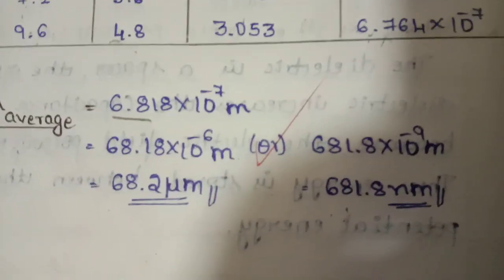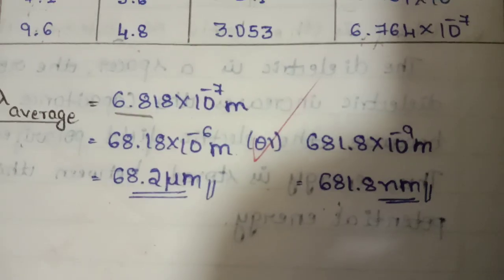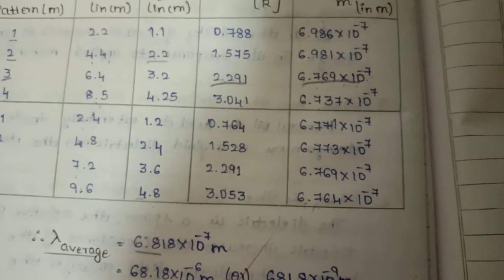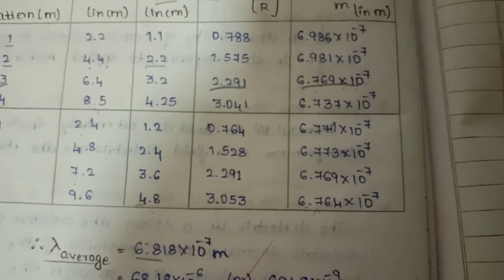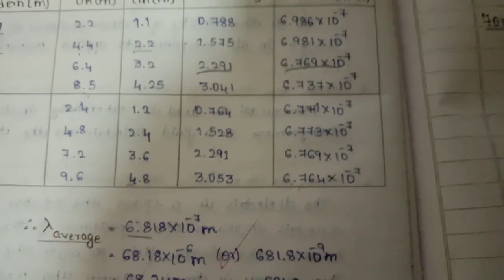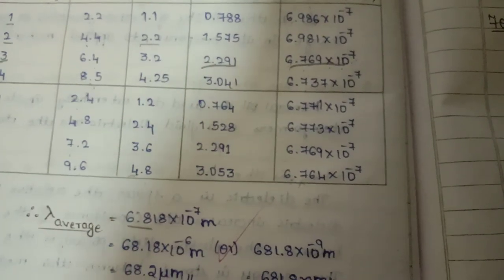So just by seeing the answer you can guess whether it is right or wrong, because on observing the laser light it looks red in color. Red color light means the wavelength of red light is in the range of 6500 to 7000 angstroms, or 650 to 700 nanometers.